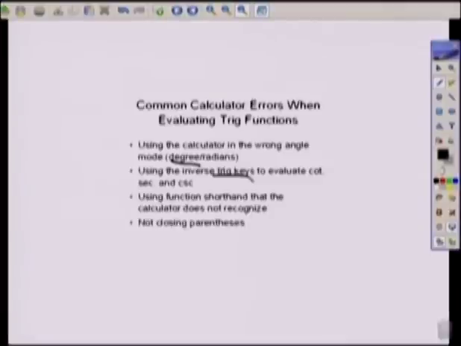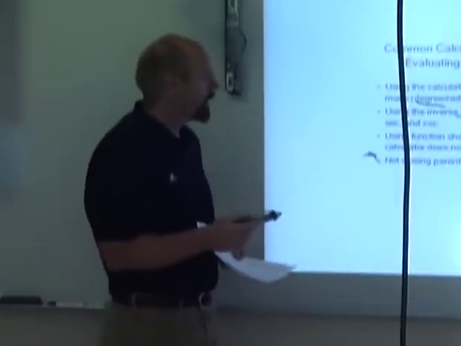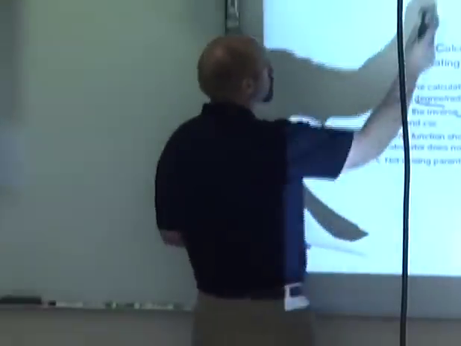I'll tell you, if you're using a TI-30 or a non-graphing calculator, on those calculators, you oftentimes will enter the angle measure first. So if you wanted to take the sine of 40 degrees on my old TI-30, you would hit 40 and then hit the sine button after you typed in the 40. Be careful with your parentheses, because sometimes when we start having multiple arguments inside of those parentheses, we need to close those parentheses before performing an operation. So that's kind of the nuts and bolts on how to use a calculator to find a trig function value.